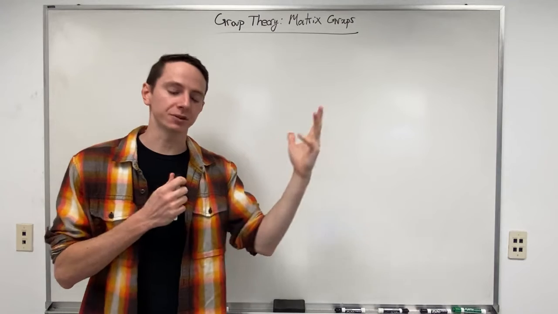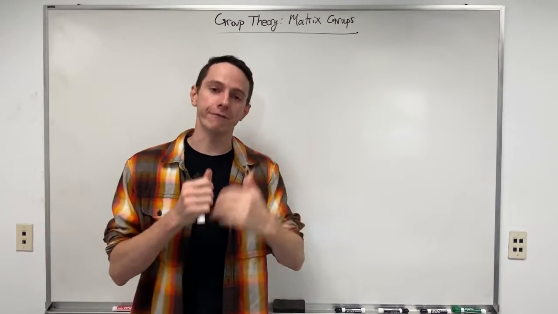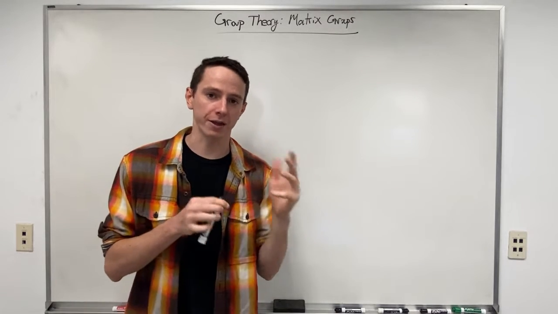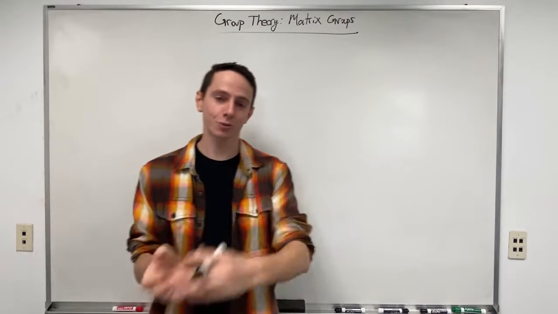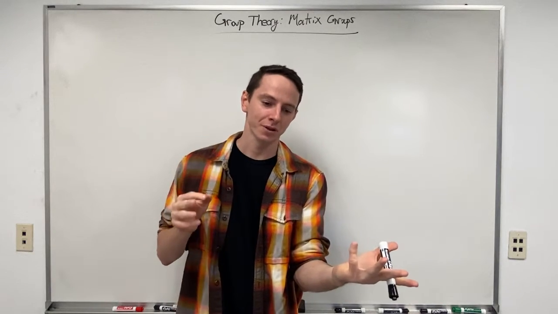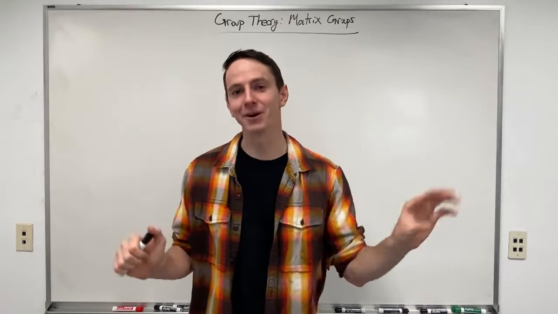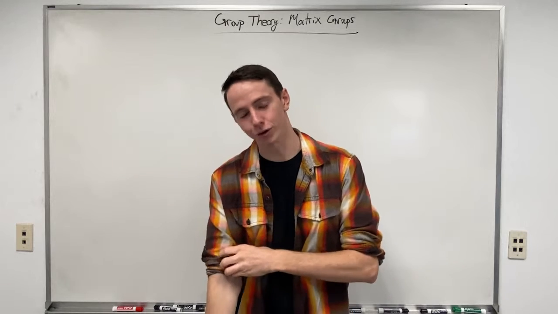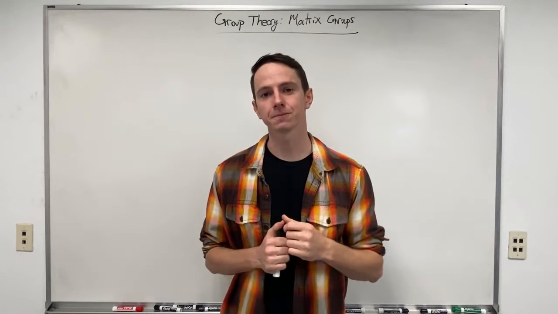For certain types of constraints, you're going to get a set of matrices that have very interesting and useful applications, not just for math, but for other areas outside of math as well. That's what we're going to be looking at in this video. There's going to be a certain group, which you might be able to tell by the name of the video. It's called the orthogonal group, and it is going to consist of the set of orthogonal matrices.